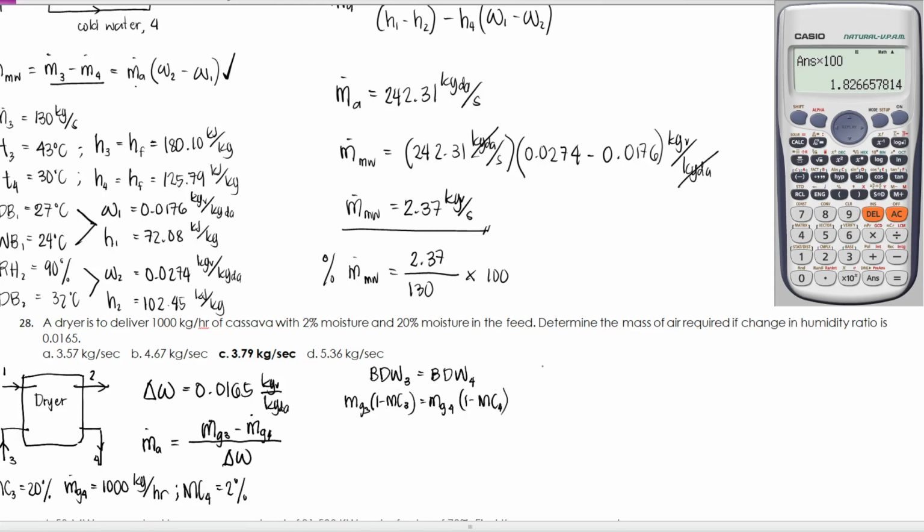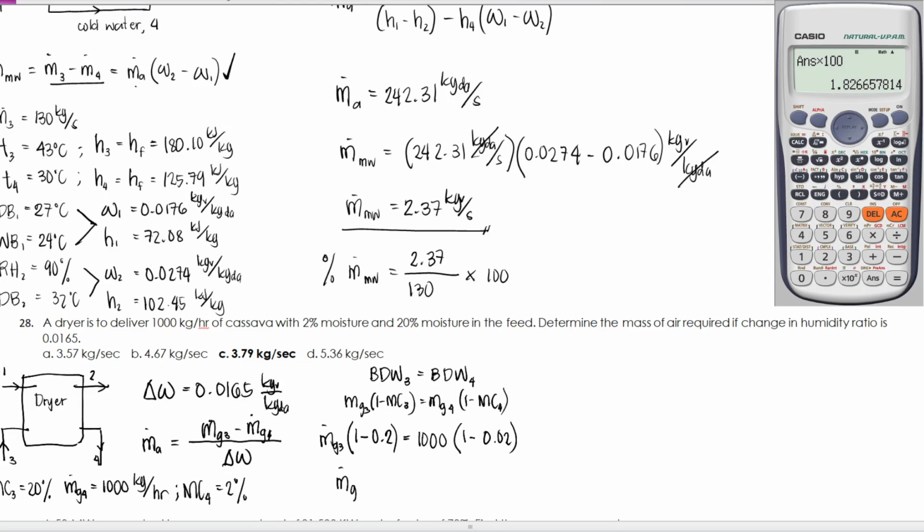And galing dito sa equation na to, dyan natin hanapin ang mg3. So, substitute lang, mg3 yun yung hinahanap, 1 minus moisture content 3 is 20% or 0.2 equals sa mg4 is 1,000 times 1 minus 0.02 kasi 2%.